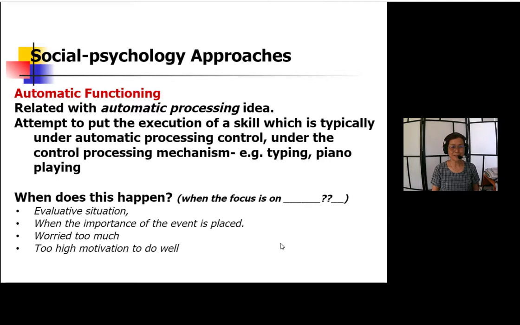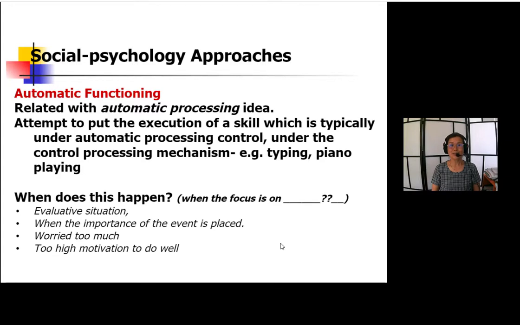Some of you may think, oh, that's nothing to do with attention. Yes, it is related to attention. When does this happen? Normally, when people put their automatized skill under controlling processing, number one situation is an evaluative situation. One short example I could use in the classroom is your presentation.